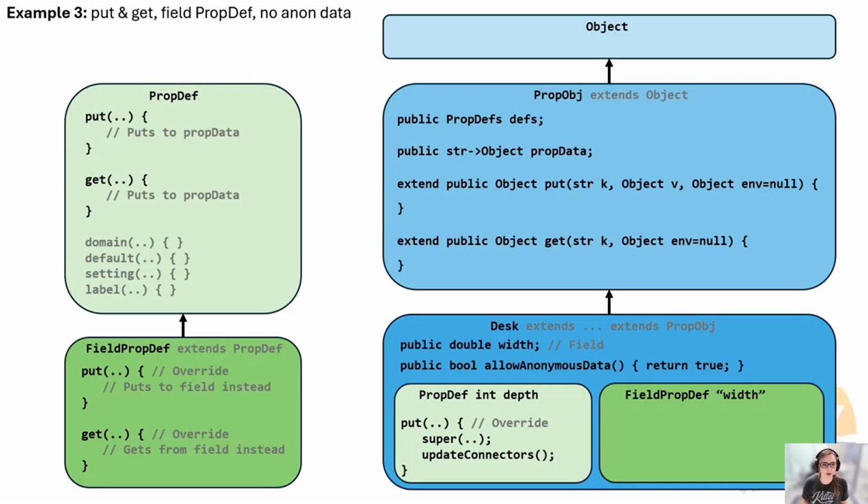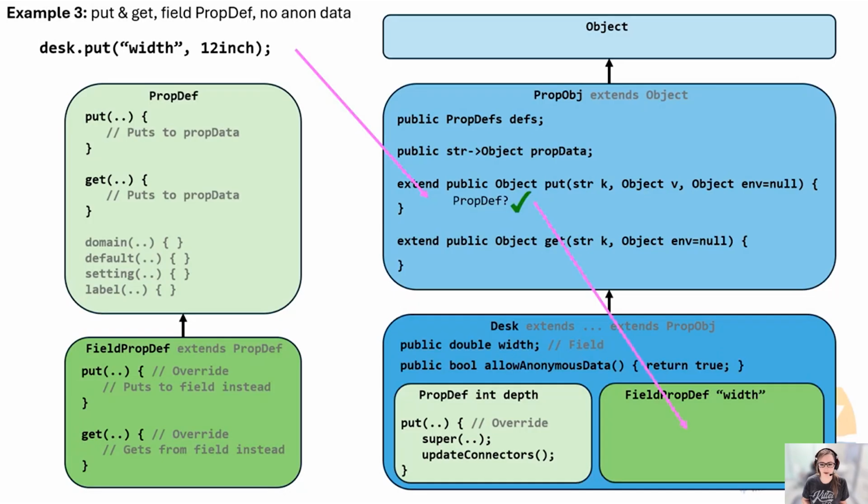For our third example, we're going to put and get to a field PropDef, not allowing anonymous data. So I have a desk. I'm going to put to the key width, and I'm going to put 12 inches. So it's going to go to the put call. It's going to check if a PropDef exists, and we do have one.